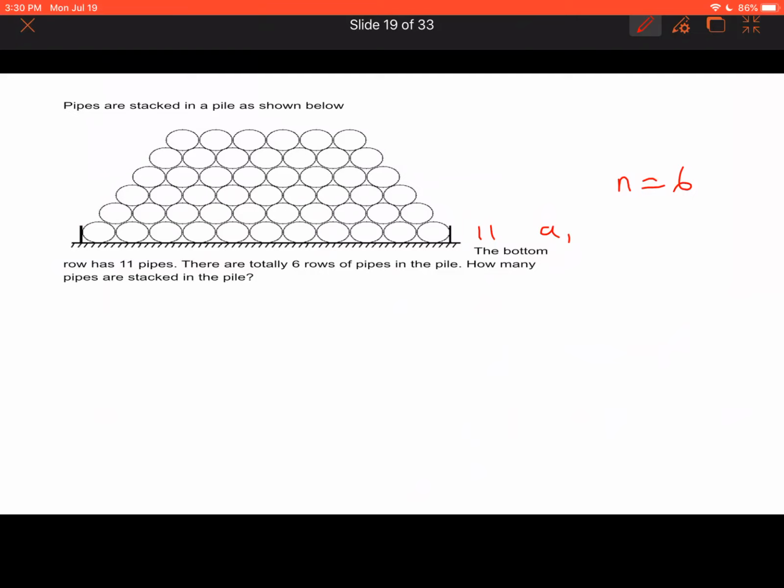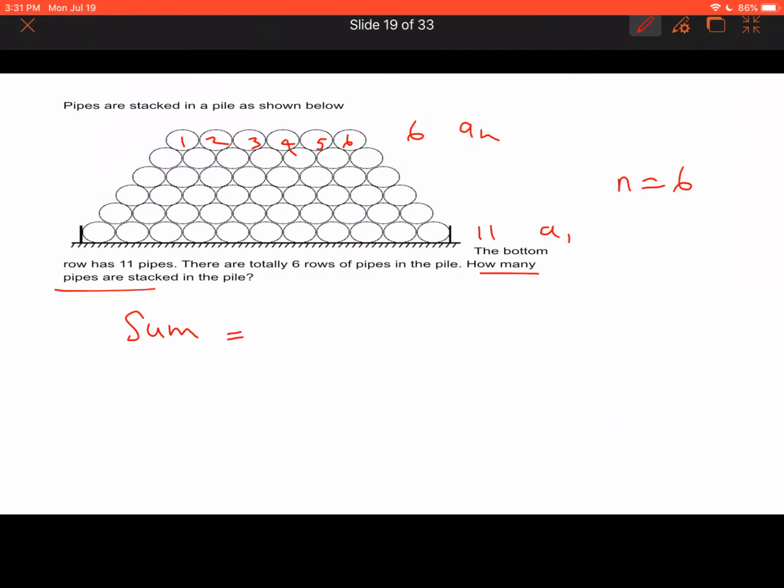So in the picture we can find out how many are there in the 6th row, that is 1, 2, 3, 4, 5, 6, right? So 6 is the AN's value. So we know the value of A1 and AN, and we have to find how many pipes are stacked totally in the pile. So that means we have to find the sum.